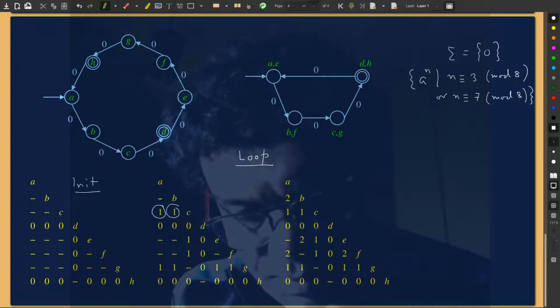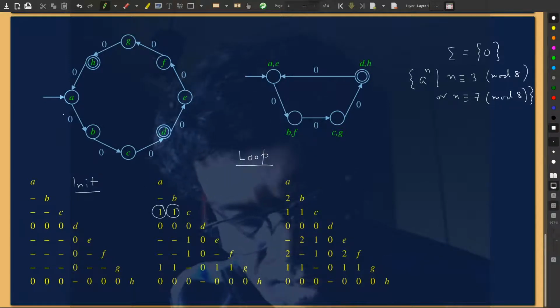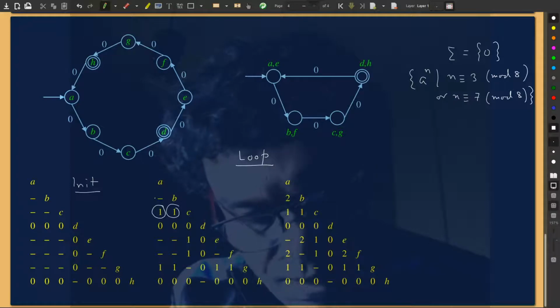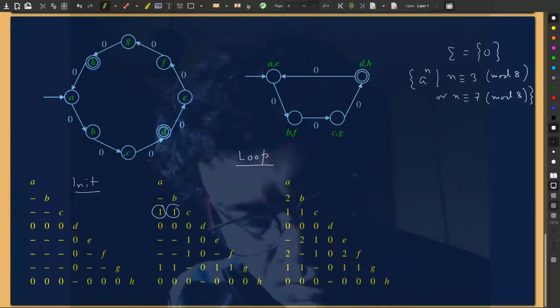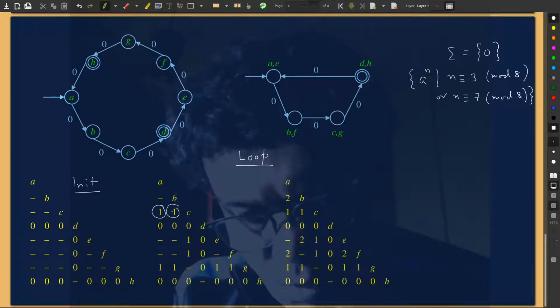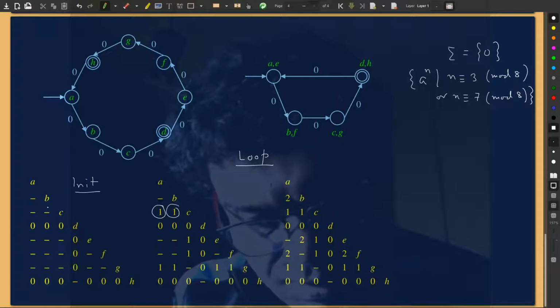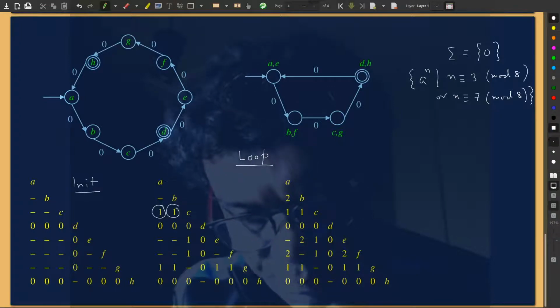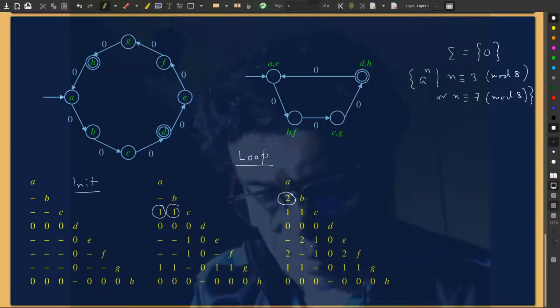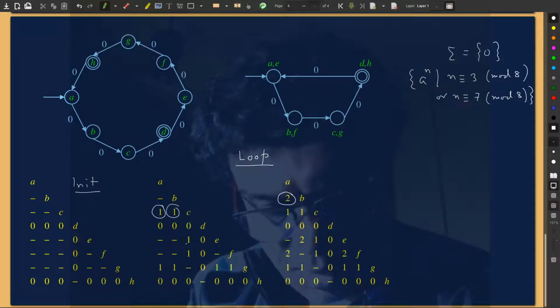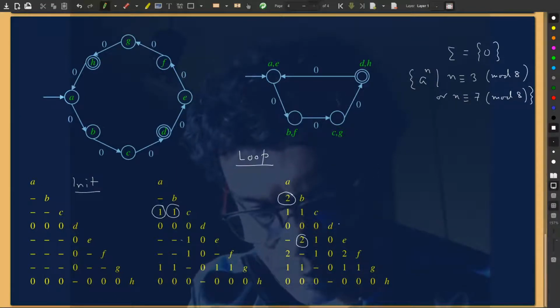Then I look at this. Can I mark this? Now I see that this is pair A, B. So upon input of the next symbol, A goes to B, B goes to C. And I can see that BC is now marked. Initially, after initialization, BC was not marked. But in stage 1, this is marked. So I mark this. Okay. Similarly, I can mark this because of this one. Okay.